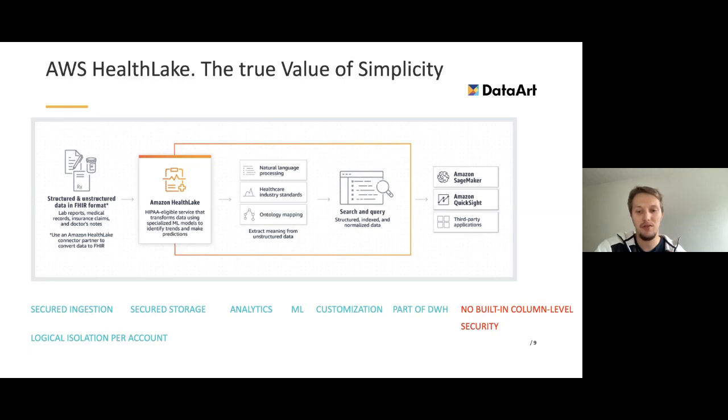You can build a DWH on top of that. You can achieve localization and logical spread. You also can achieve data privacy with some different resources in the AWS ecosystem and so on. But what I really want to mention today is the main thing I put in the name: the value of simplicity.